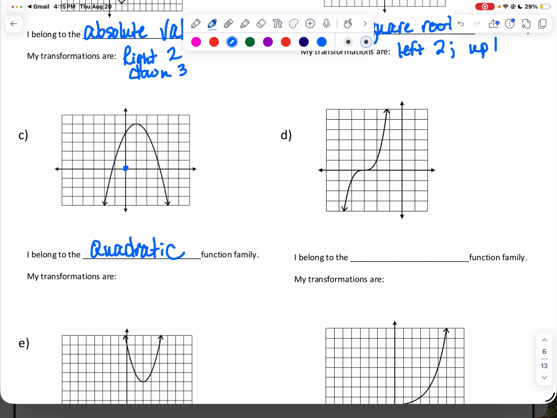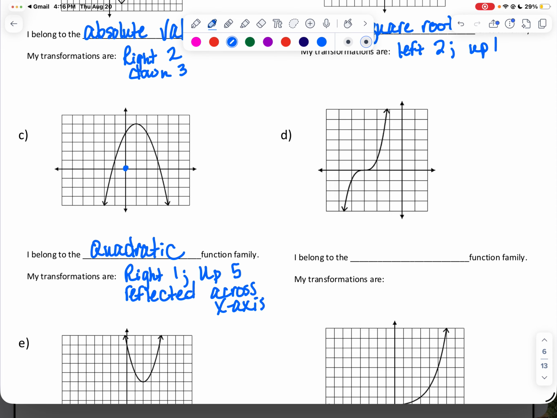So this graph has been moved right 1 and up 5. And this graph also opens downward, so it's also been reflected across the x-axis because it's opening down.